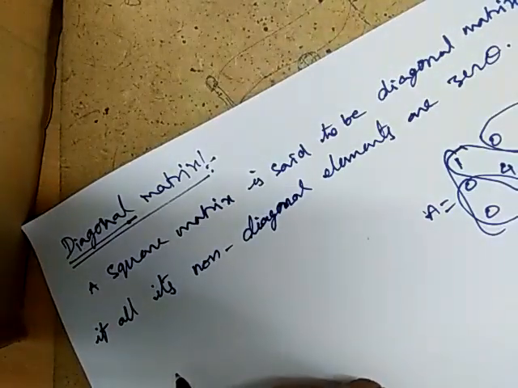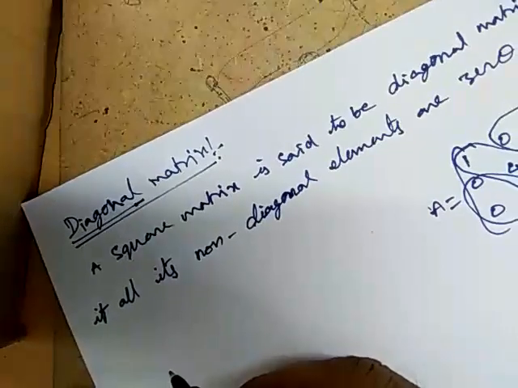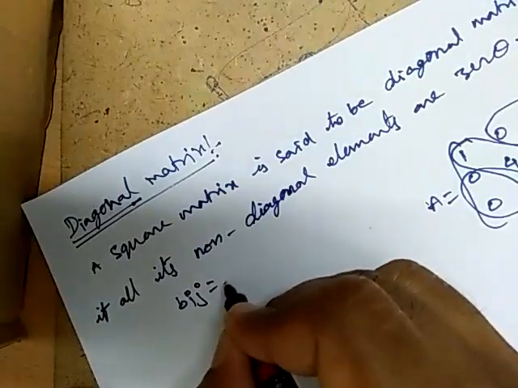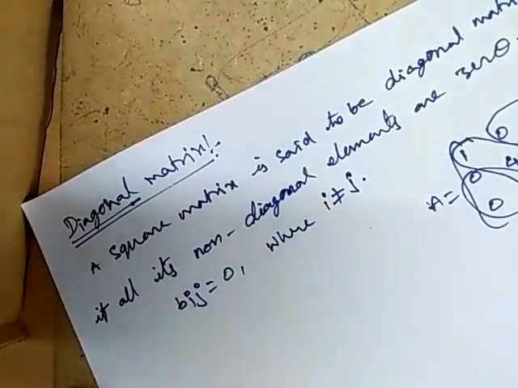That is, the matrix B is said to be a diagonal matrix if Bij equals 0 where i is not equal to j.